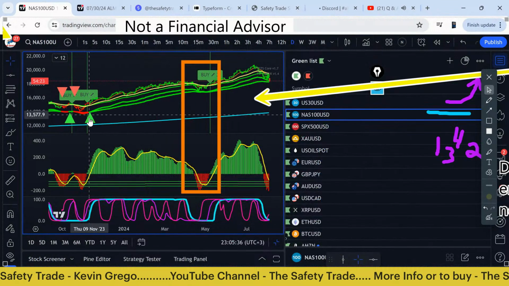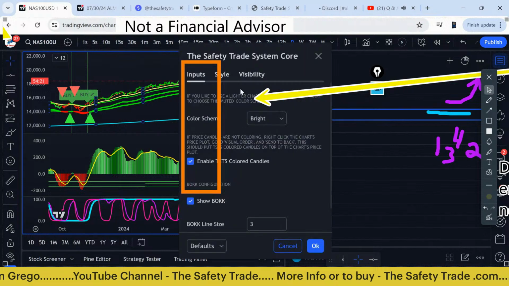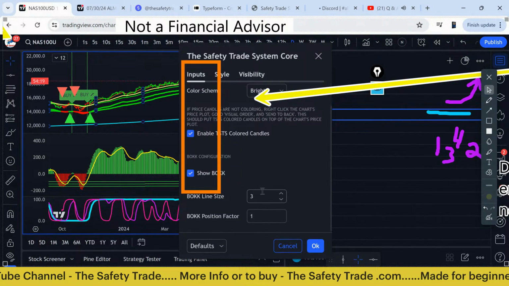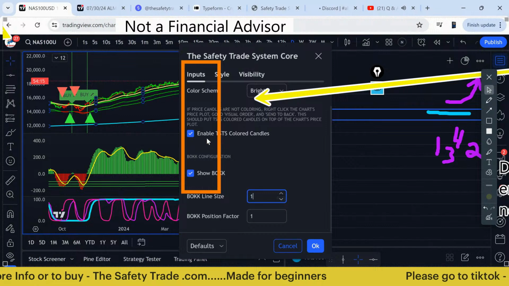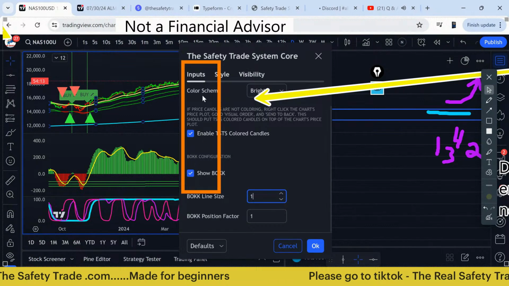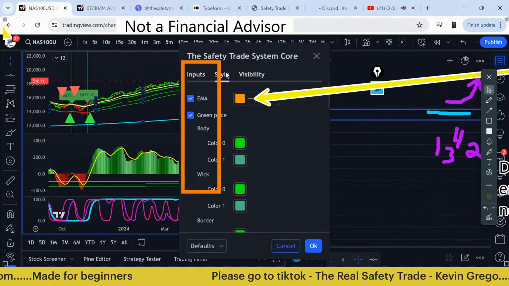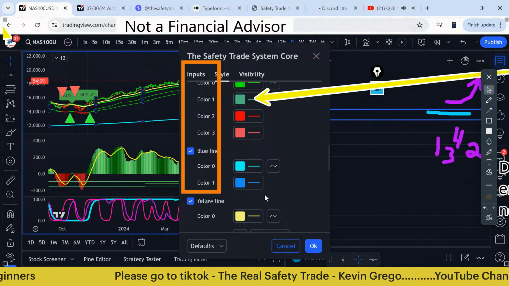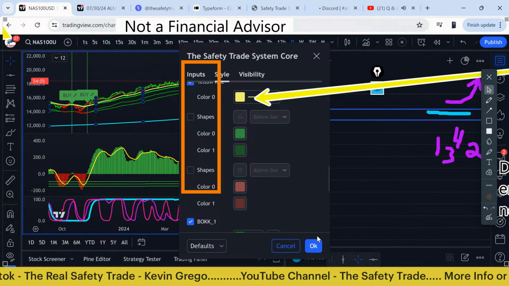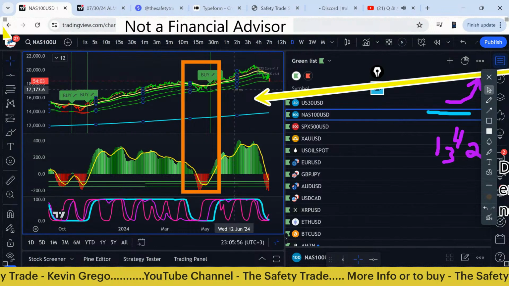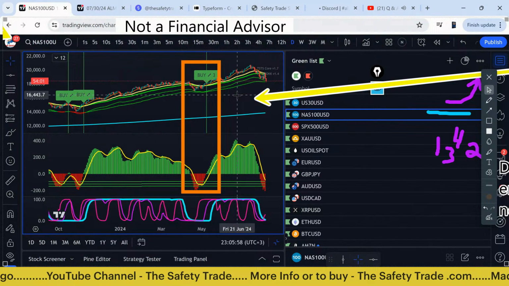Now we see the green, green. Show box. Yep, beautiful. Hold on, let me get these little shapes out of the way here. All right, now we're golden.